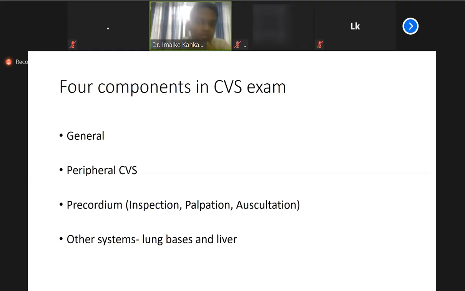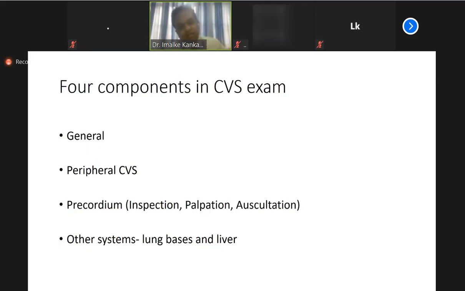So cardiovascular system examination, you will take probably around 4 to 5 minutes. Respiratory examination also like that, but abdominal examination is quick. Usually you will have lots of time left, right? So precordial examination: inspection, palpation, auscultation.